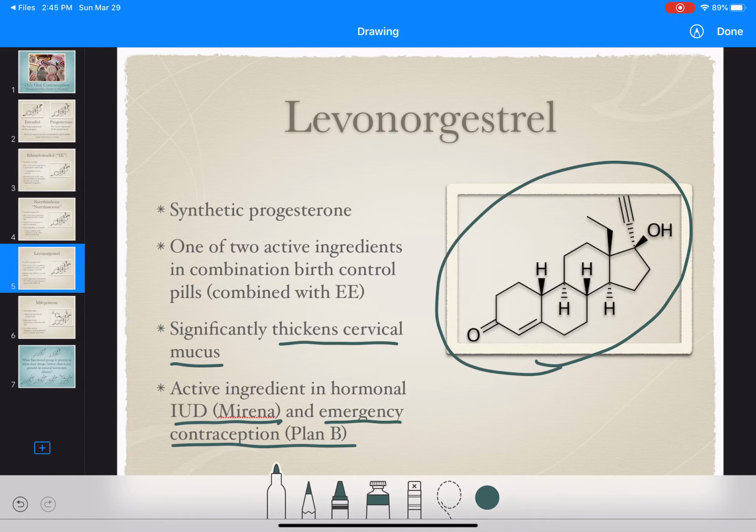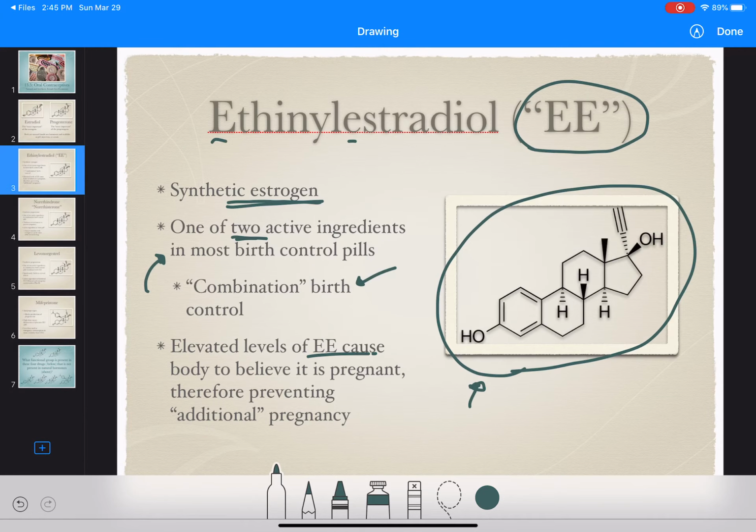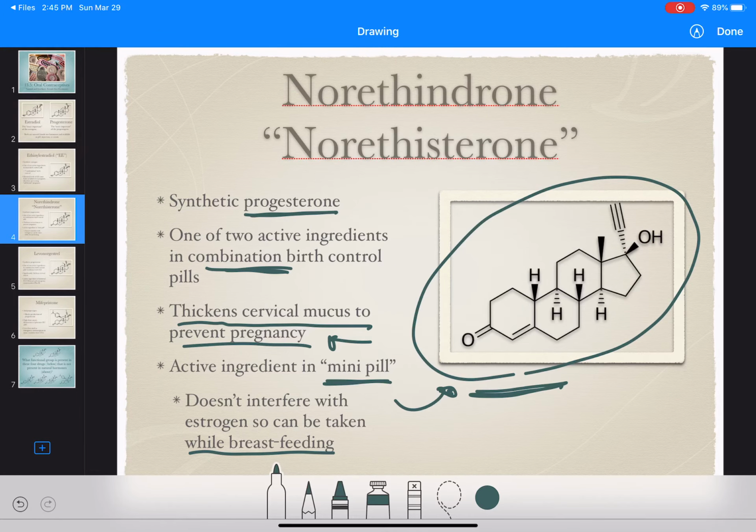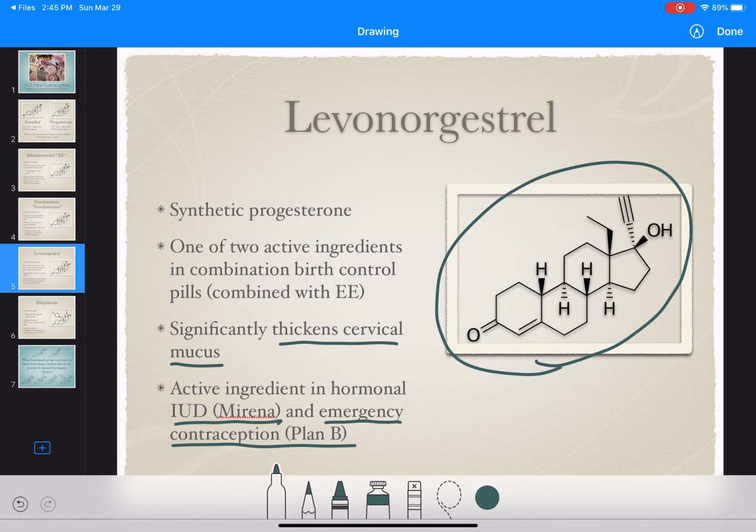So if you're taking a combination pill, again, it's going to be ethinylestradiol combined with either norethindrone or levonorgestrel, and your doctor will make a decision about which combination is right for you. With levonorgestrel, our bodies have less risk of forming blood clots, which is one of the possible side effects of hormonal birth control.